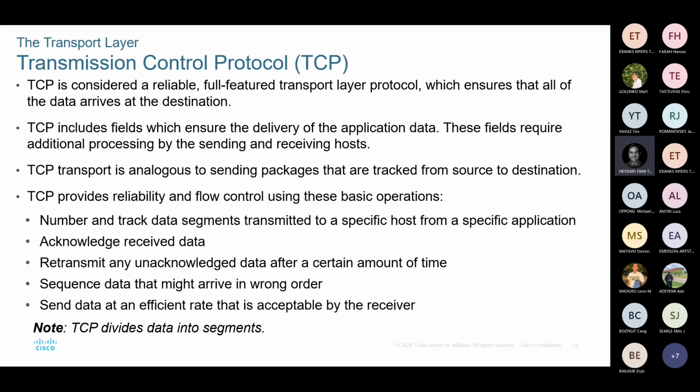The destination can just inform the sender that, hey, I have received segments 1 to 8, but not 9 and 10. Therefore, can you only send me back segment 9, please?